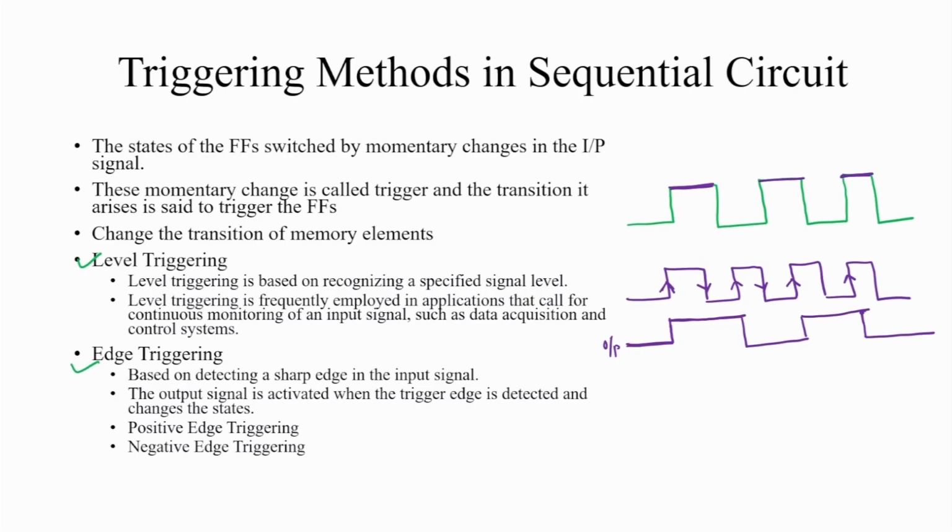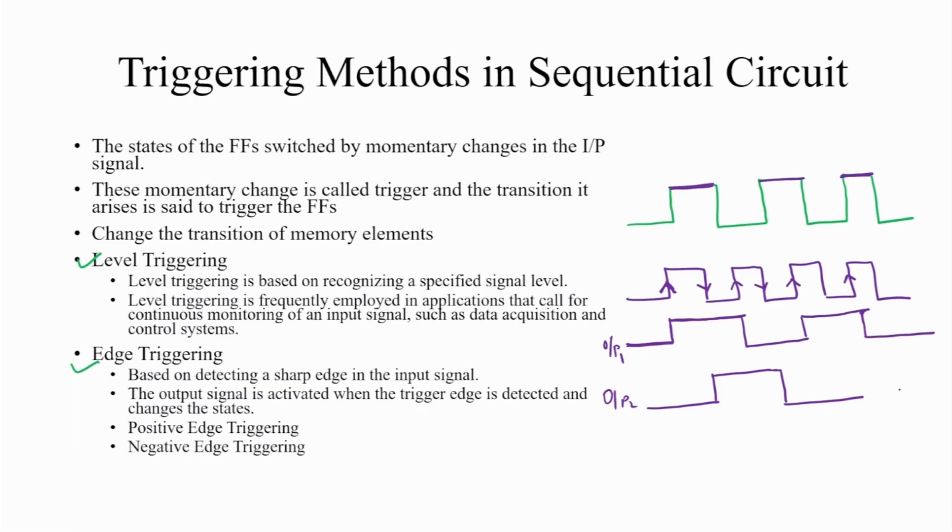That is known as edge triggering: the circuit starts functioning at a rising edge, or suppose at a falling edge, and whatever input change occurs after that is reflected only when the next falling edge occurs, again and again.